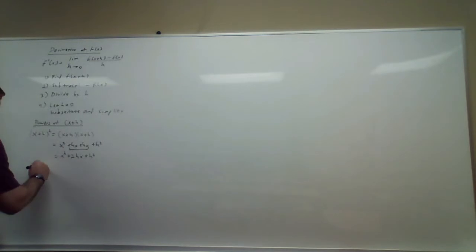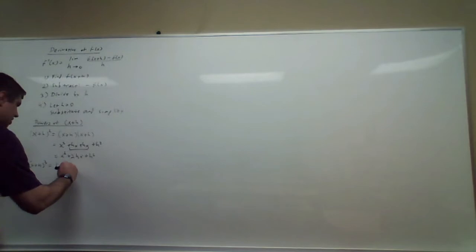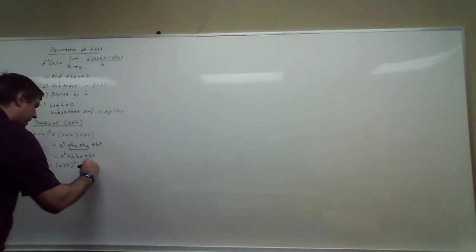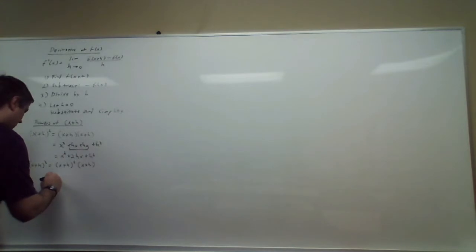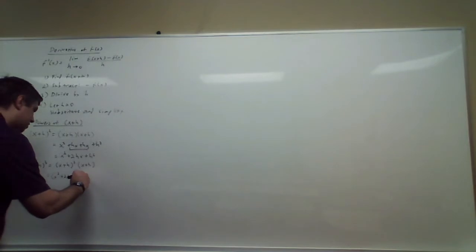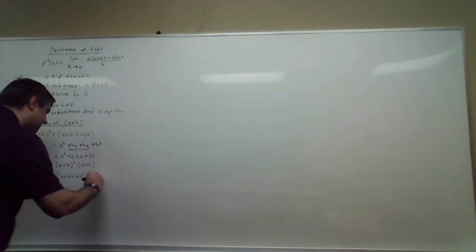x plus h cubed would be x plus h squared times another x plus h. That seems reasonable, right? So I'll take this, x squared plus 2hx plus h squared, times another x plus h.